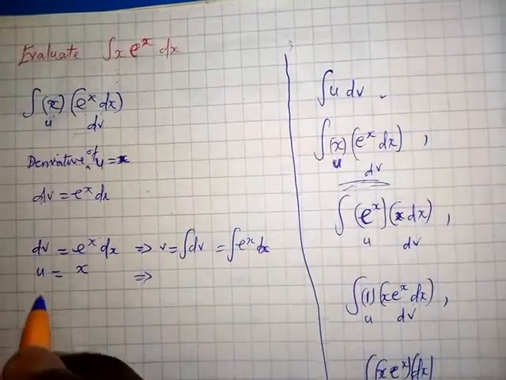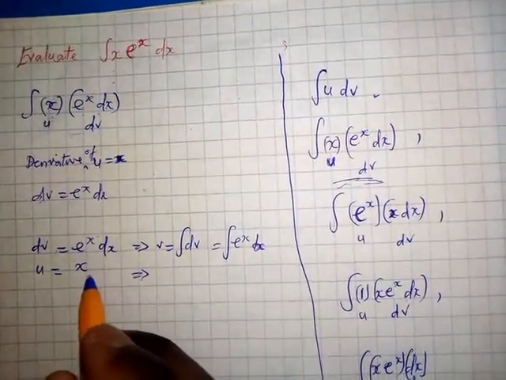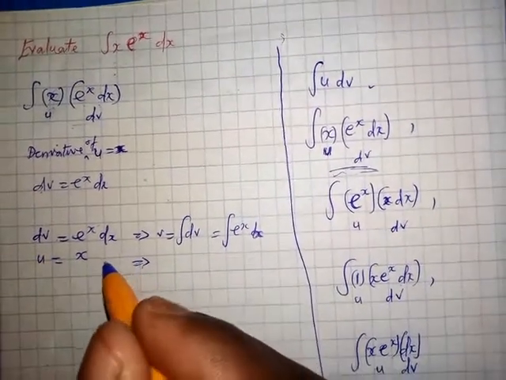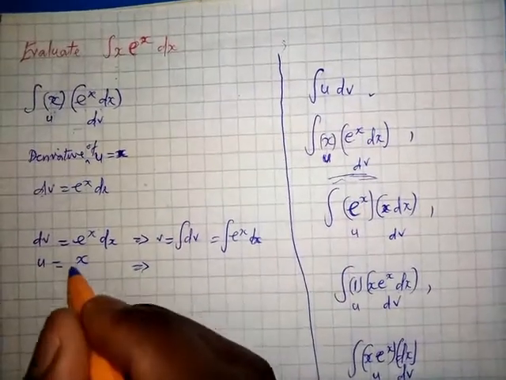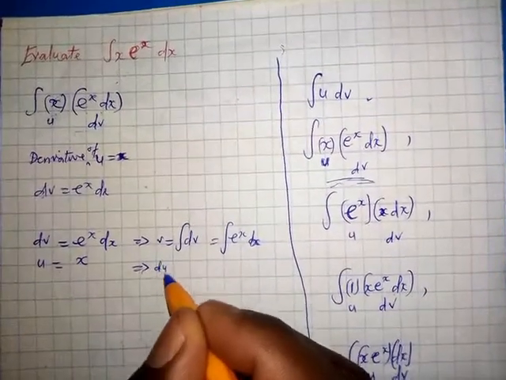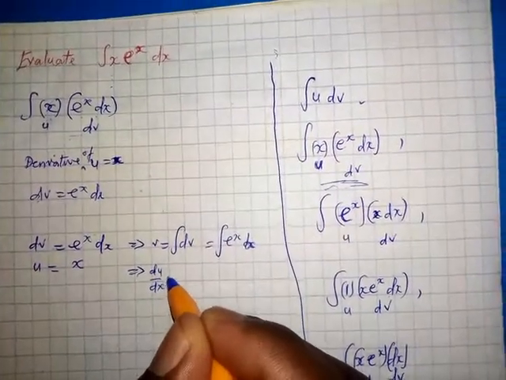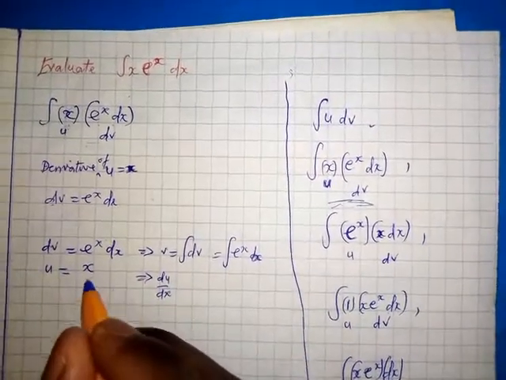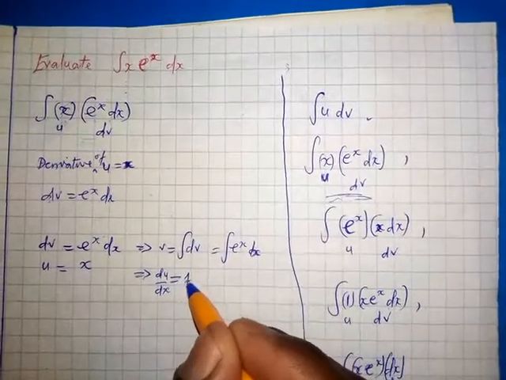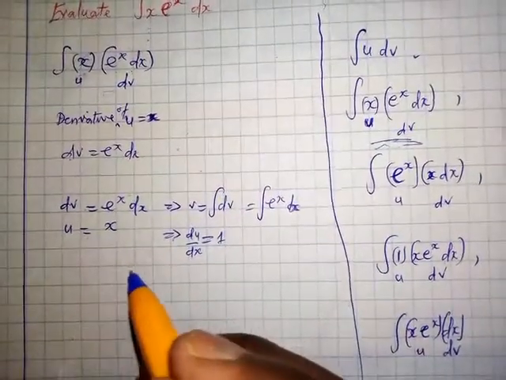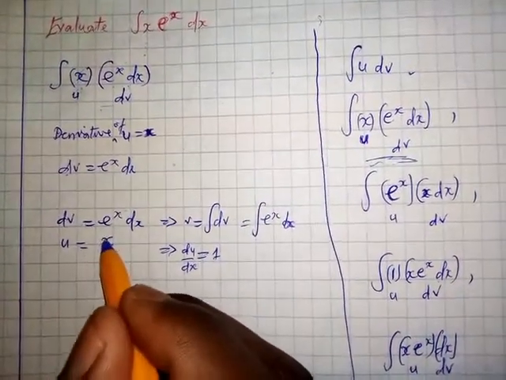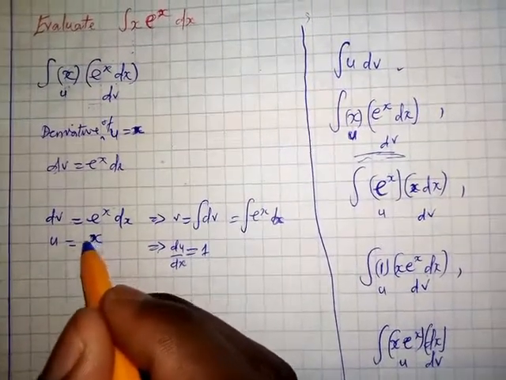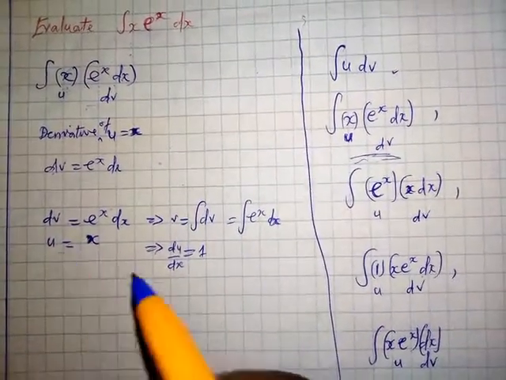Then our u is equal to x. When we differentiate x, that is du/dx, we get 1. When we differentiate x, we get 1. Remember the rules of differentiation.